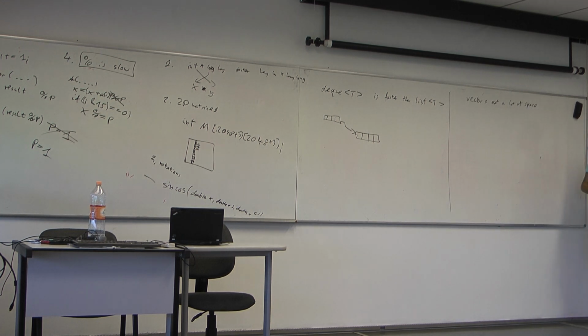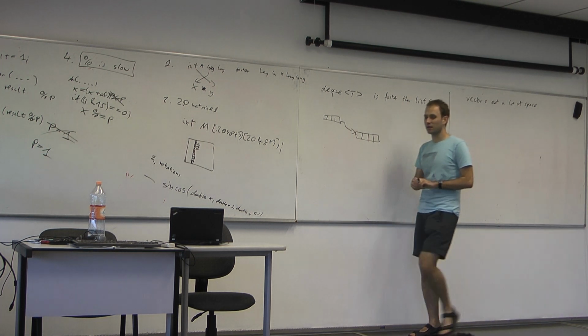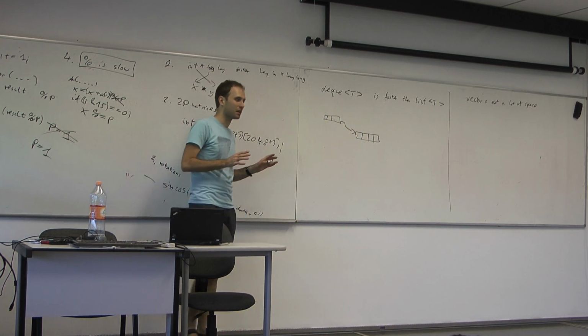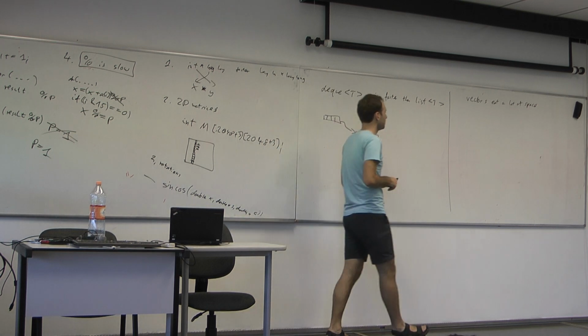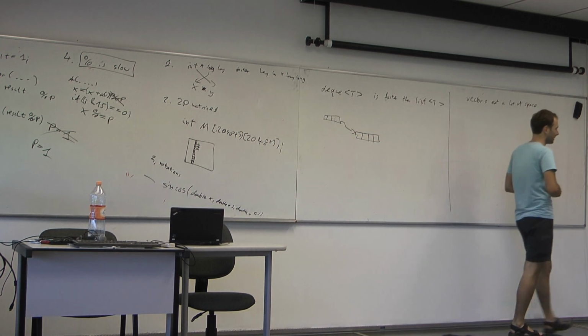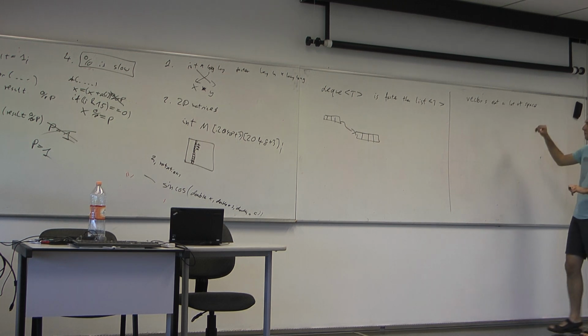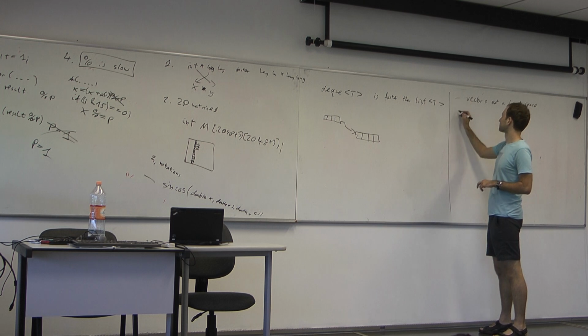If you have a vector, assume that it eats like twice as much as it should for an array, because that's how it works. It allocates more than necessary, and it can eat up a lot of memory. So if you ever have a problem with space and you're using vectors, that's probably the best way to start. You can get the space usage down by a factor of 2 by removing vectors.